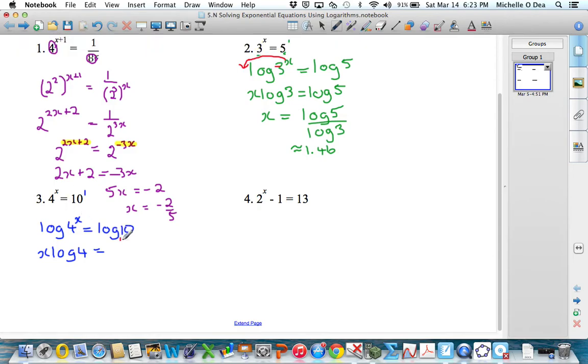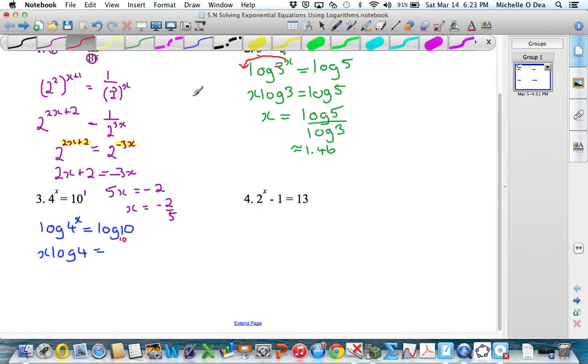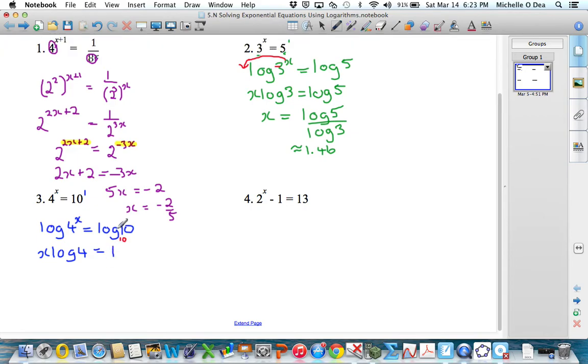And we've briefly spoken about this. When you have log of something that is the same as the base, it actually is just 1. So you don't have to, because you're going to use your calculator anyway, but we could just write log of 10 base 10 as just 1. But of course you can leave it as log 10 because you'll need to use your calculator anyway.